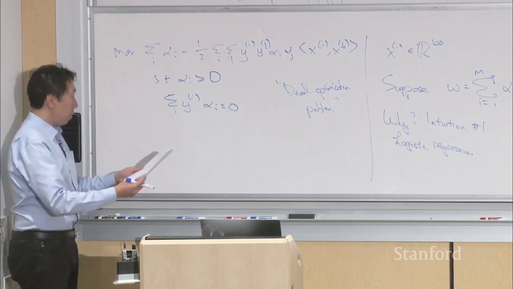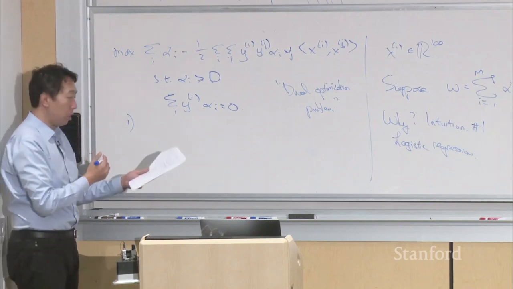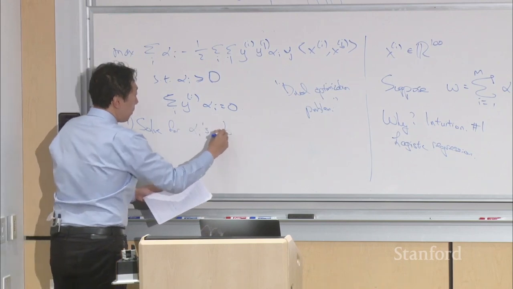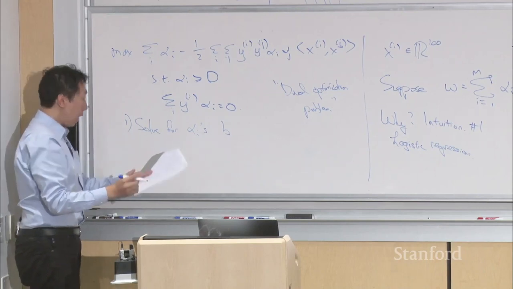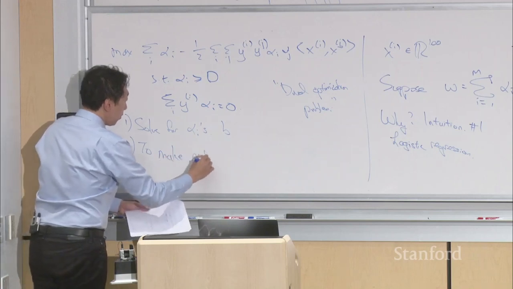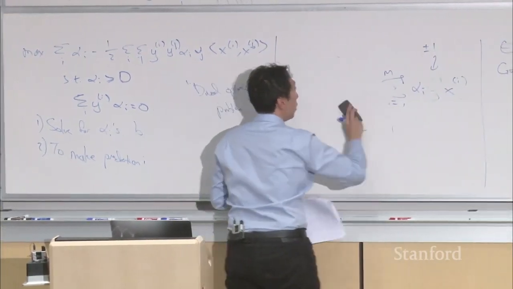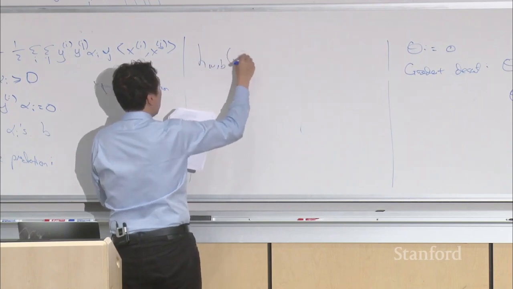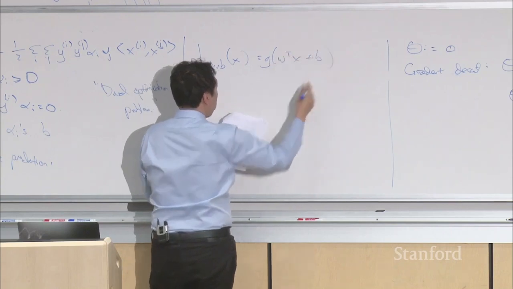And so finally, the way you make a prediction is you solve for the alpha i's, and maybe for b. So you solve this optimization problem or that optimization problem for the alpha i's. Then to make a prediction, you need to compute h of w, b of x for a new test example, which is g of w transpose x plus b.